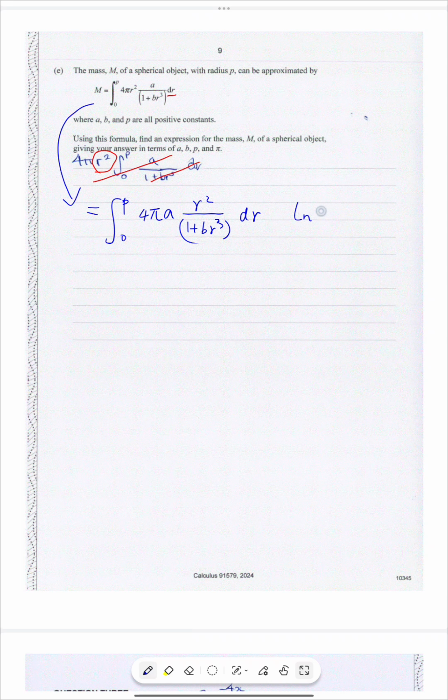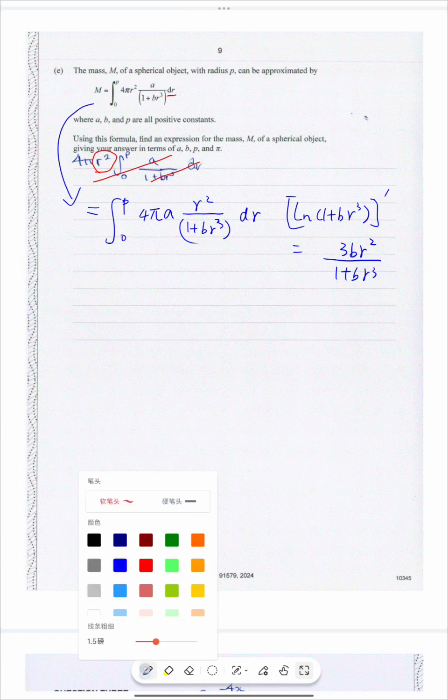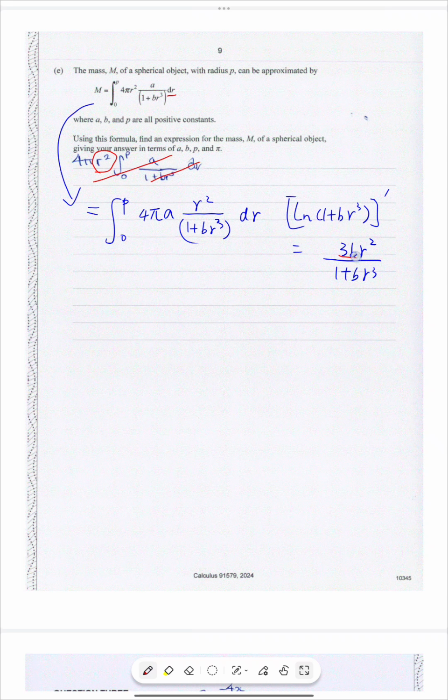So if we had a natural log like this, and to differentiate this one, we'll have something like that. However, we do not have 3b here. This is what we don't have from the question.